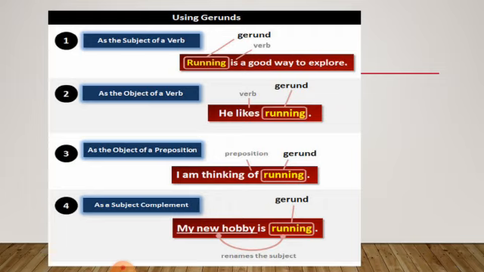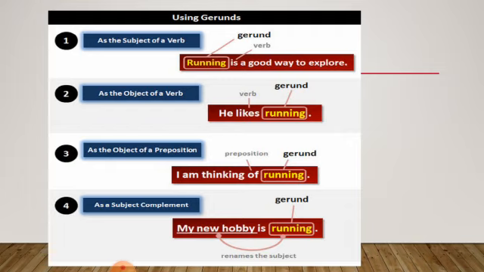See, they have used it like this, so you can easily understand. He likes running. Likes is the verb here and running is a noun. It is an object. I am thinking of running. Now thinking is a verb and running is a gerund here.